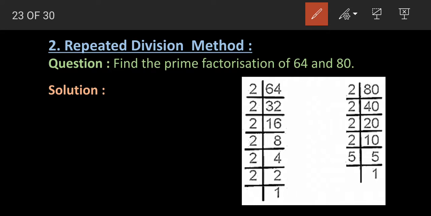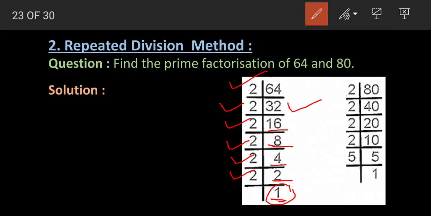So here in the first step I have divided 64 by 2, so I get 32. Again I have divided by 2, so the number is 16. Again I have divided by 2, so the number becomes 8. Again by 2, it becomes 4. Again by 2, it becomes 2. Again 2, 2 ones are 2, so the remainder is 1 here.